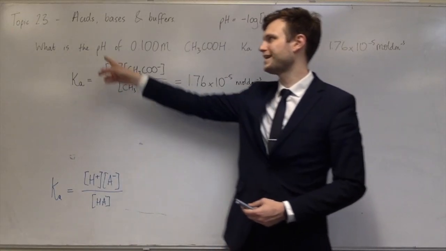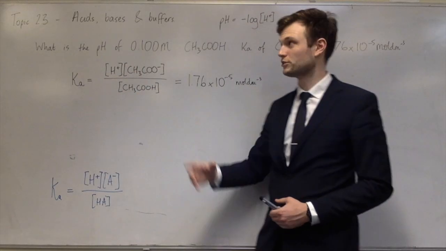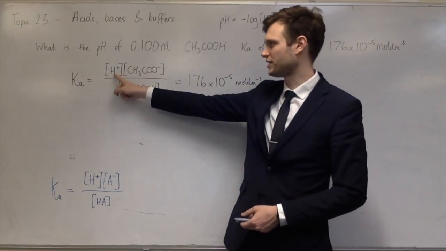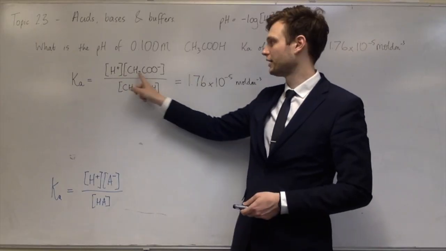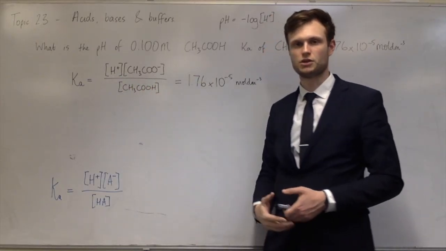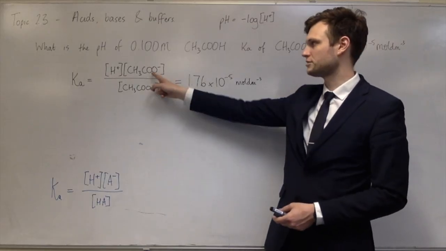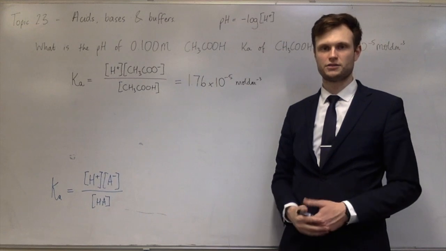But we want to know the pH. And to work out pH, I need to know H plus concentration. So I want to really know what this is. But to do that, I need to use these two as well. So I need to know what the associated acid concentration would be and what the concentration of the negative ion would be.